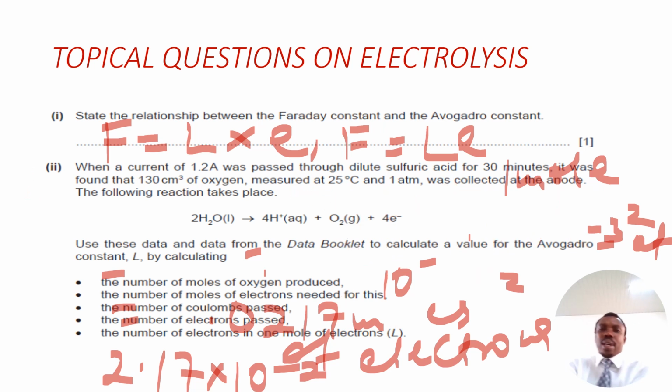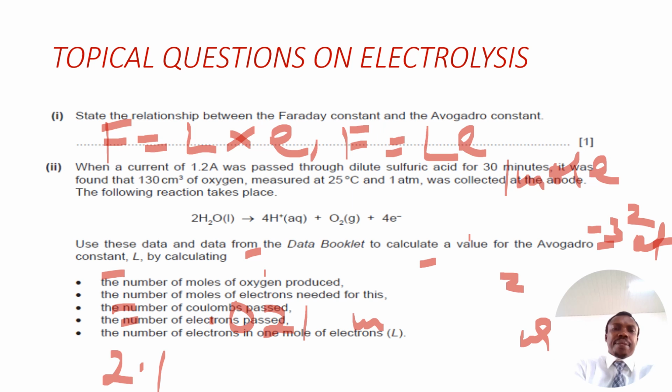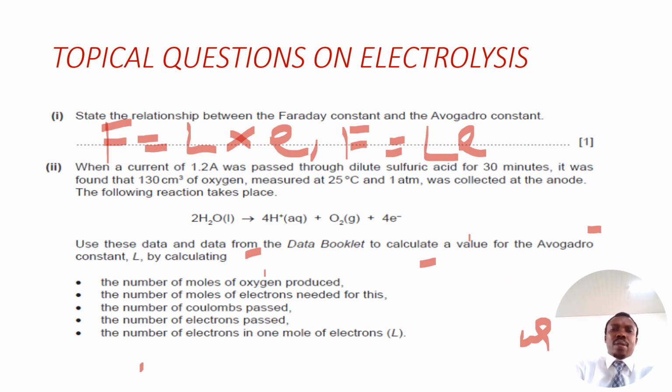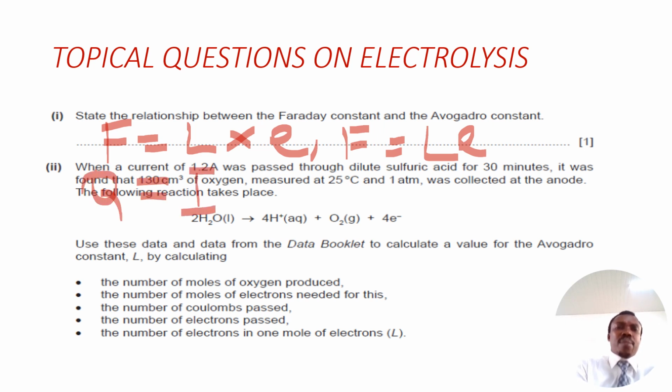The next one is to calculate the number of Coulombs. Remember, quantity Q is equal to what? Current multiplied by time.